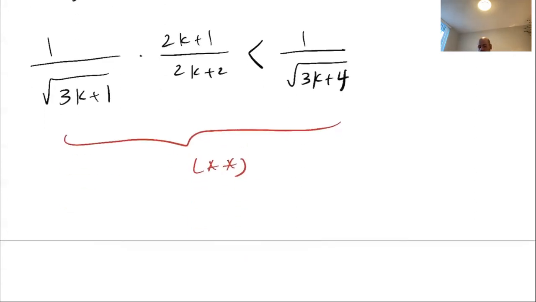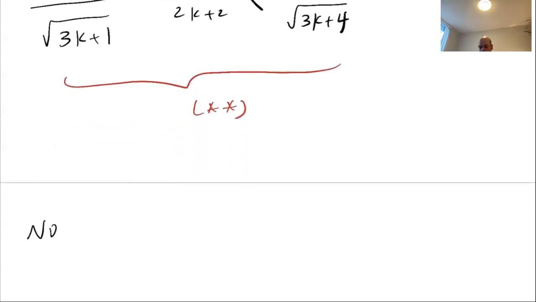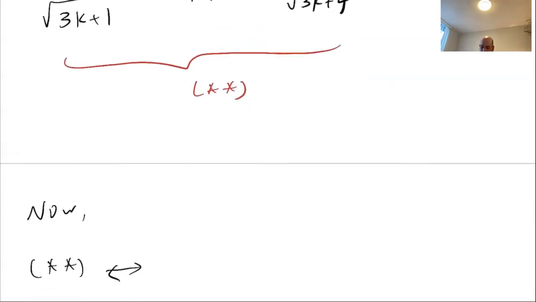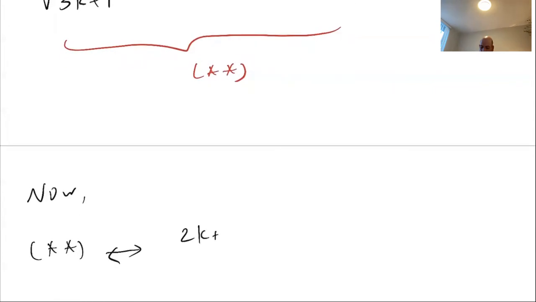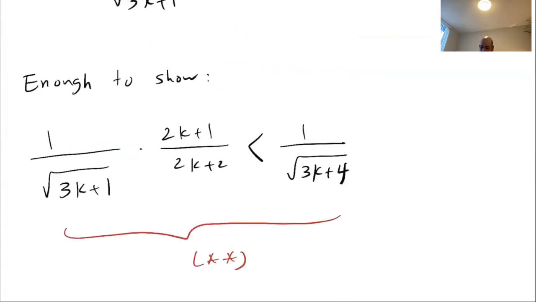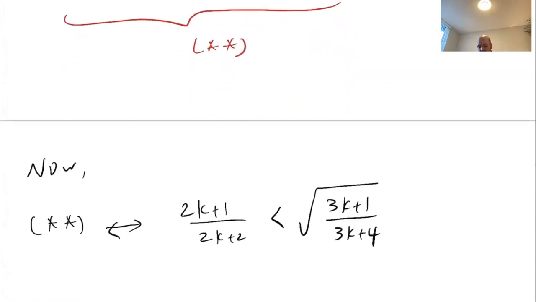Now 2 star is equivalent with what inequality? 2 star is equivalent with saying that (2k plus 1) over (2k plus 2) is less than root of (3k plus 1) over (3k plus 4). Right? Do you agree with this? See, this inequality is equivalent with this inequality.